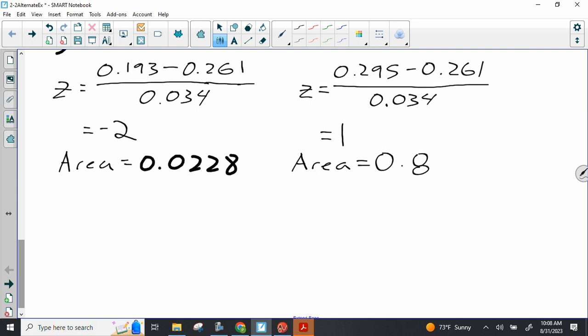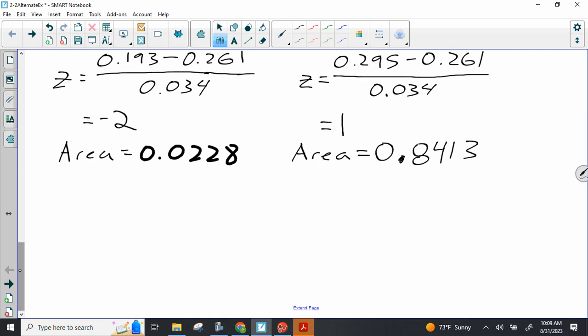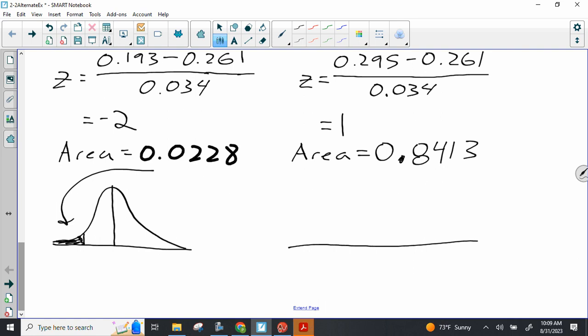All right. So in order to find the area in between the two, what's going on is a little bit of geometry type stuff, right? This one gives me an area. This is this area, right? This one, one standard deviation above, is this area.